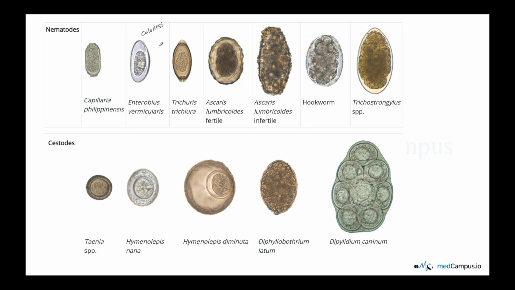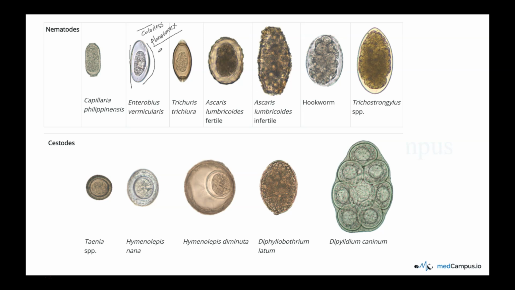What I say is it is asymmetrical with one side flattened. Okay, one side is flat and other side is convex. Can I say this is a plano-convex egg? So in the exam, if you notice a colorless plano-convex egg, then it is Enterobius vermicularis, right?